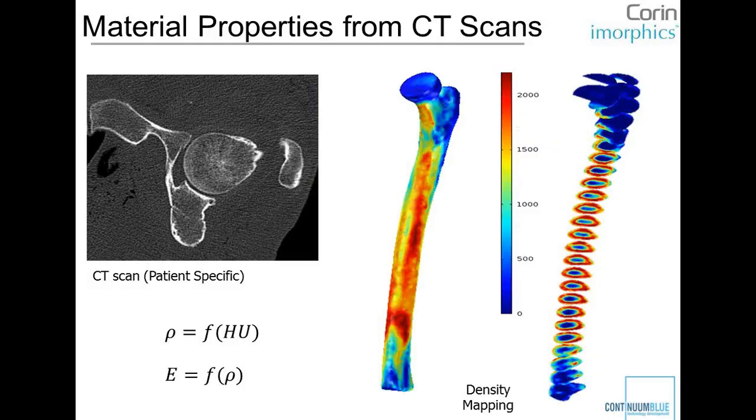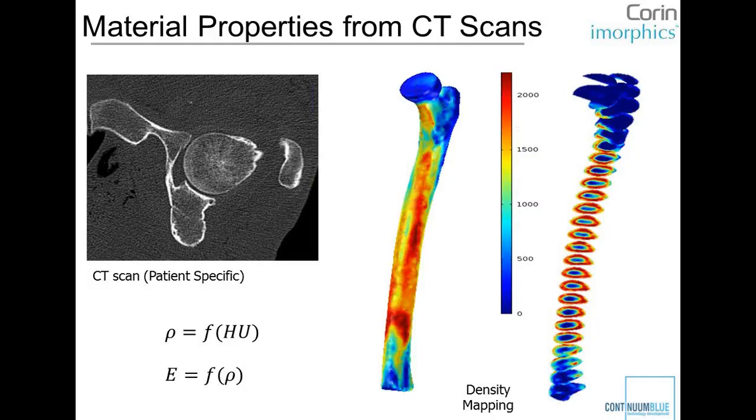The two illustrations on the right-hand side show the density mapping of this patient-specific bone. You can see there's quite a density variation along the leg bone, from a very low value of about 10 kg per meter cubed up to 2,200 kg per meter cubed. It shows the regions with high density and low density.